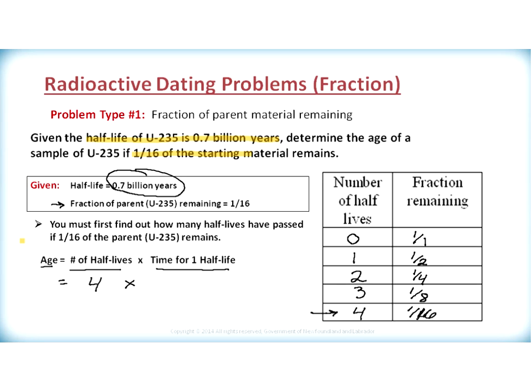So we multiply 4 times 0.7 billion years. Once we multiply the number of half-lives times the time it takes for one half-life, we end up with the age of the sample. So 4 times 0.7 equals 2.8 billion years. And that would be the age of the radioactive sample in this problem.